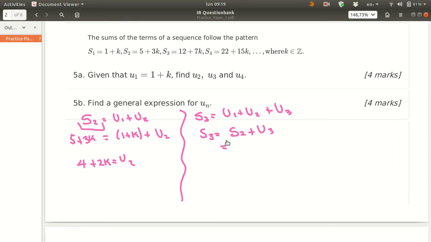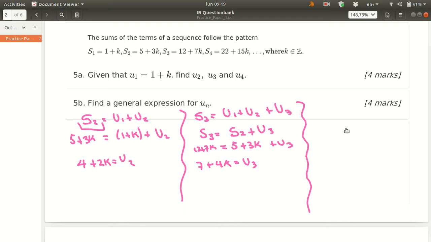S2 is 5 plus 3k, and then plus u3, and S3, according to the information here, is 12 plus 7k. Now again I'm going to isolate u3. I'm going to subtract 5, so 12 minus 5 is 7, and I'm going to subtract 3k, so 7k minus 3k is 4k. And this is u3. No one got this one right.